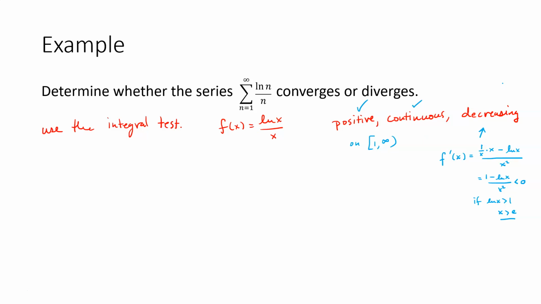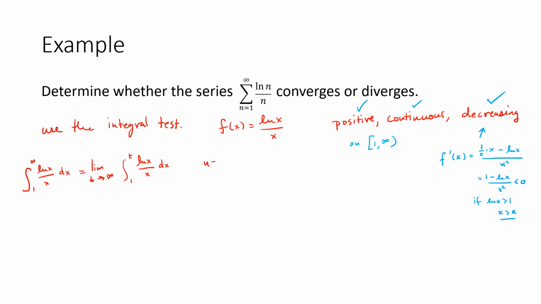So now that we see that it's satisfying those three conditions, we can apply the integral test to ln of x over x. So we want to evaluate the integral from 1 to infinity of ln x over x. I'll write this as the limit as t approaches infinity of the integral from 1 to t.